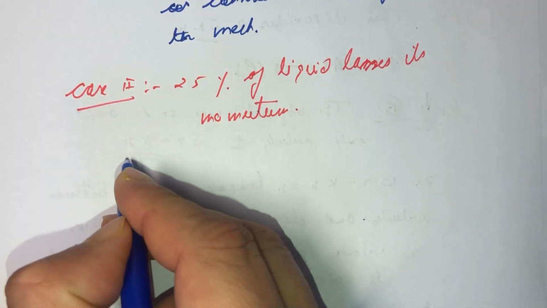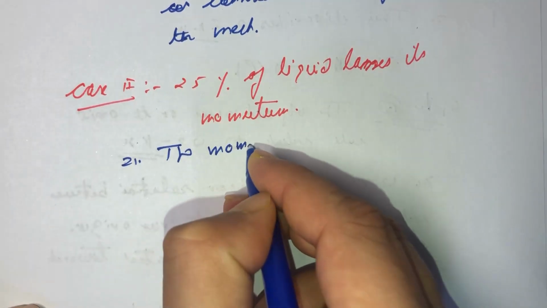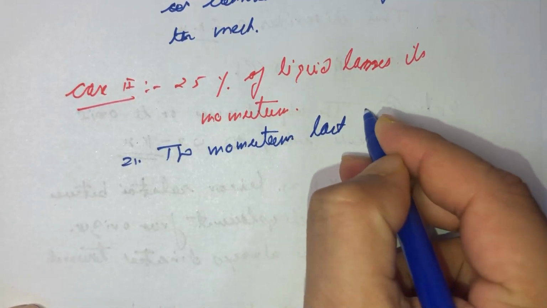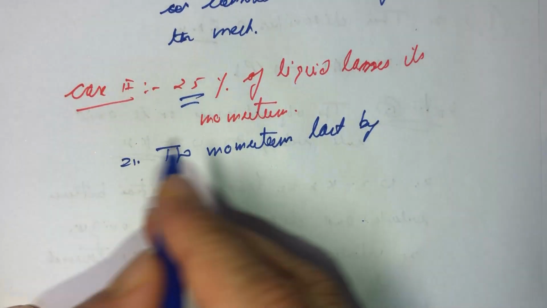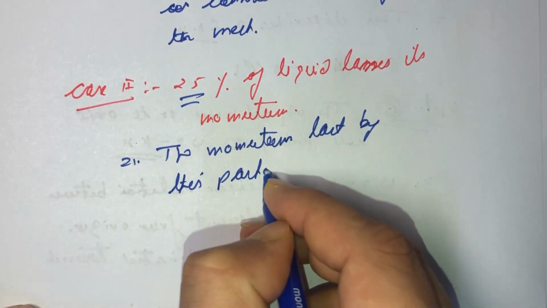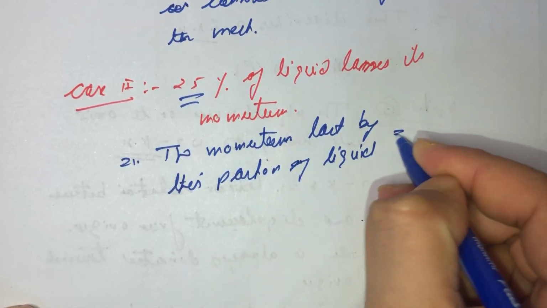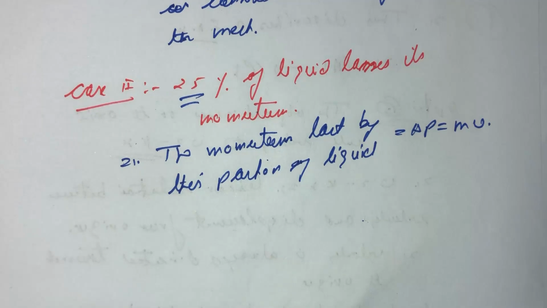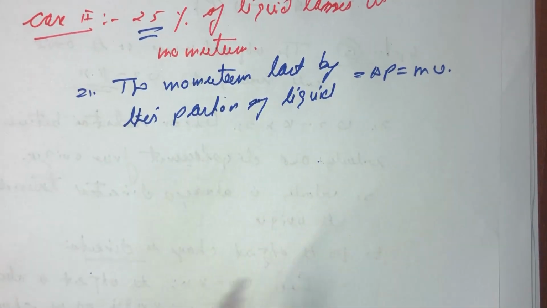So we can say the momentum lost by this portion of liquid, this means 25% of the liquid, delta P will be equal to m multiplied by V, and it says that only 25% of the momentum is lost.